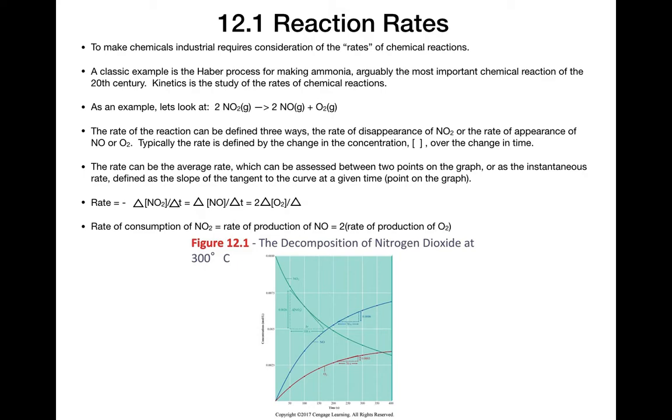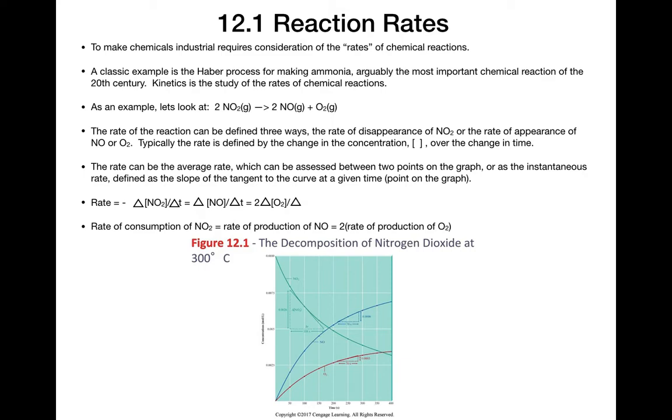So you could argue that that was a very important chemical reaction. If you want to do some reading, read up on the Haber process. It's very interesting politically and historically, just exactly how the process of producing ammonia was developed.